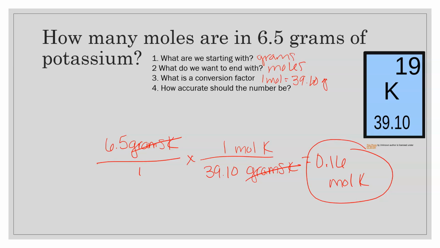So keep track of what you're starting with, what you want to end up with, and remember the conversion factor for these involves the atomic mass of the given element. Questions about this, holler. Otherwise, we can move on to the next one, where we're going to figure out how many grams are in a certain number of moles.